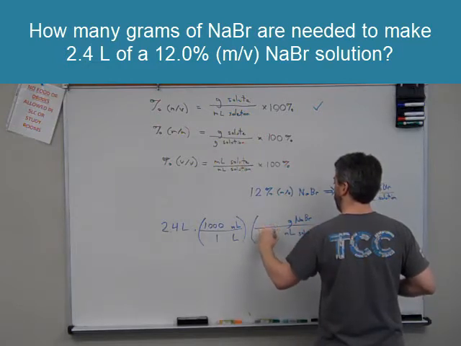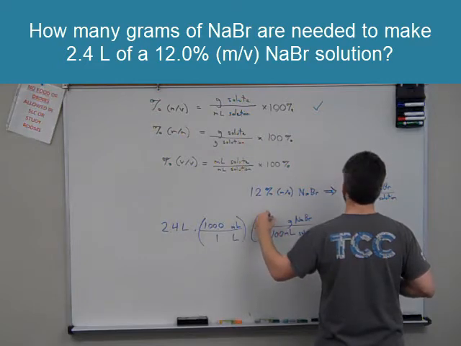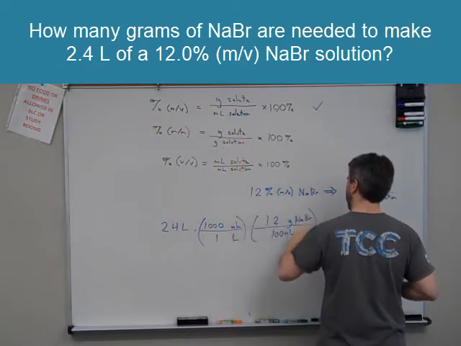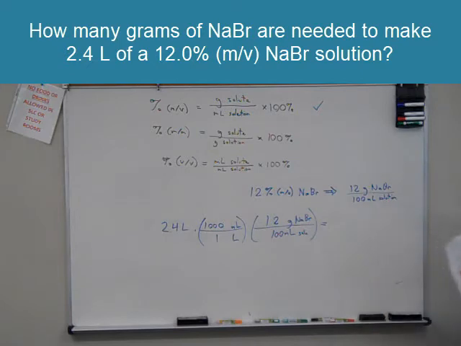So 100 milliliters of solution is going to give me 12 grams of NaBr. Then I simply multiply by the top and divide by the bottom, and if I do that, I will get my answer. And the answer is 2.4.